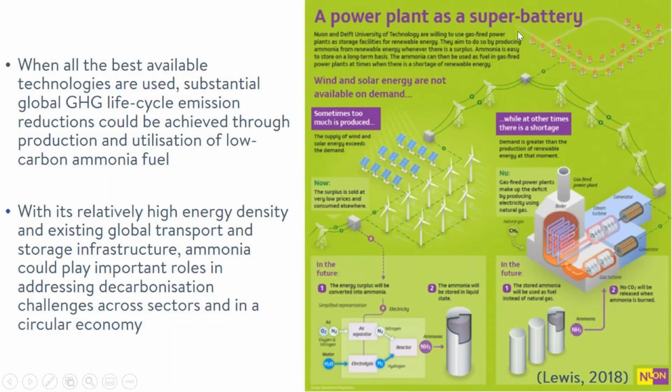Similar to hydrogen, ammonia is a carbon-free fuel. Burning ammonia produces mainly water and nitrogen. Replacing fossil fuels with low-carbon ammonia in existing combustion systems can reduce life cycle greenhouse gas emissions.